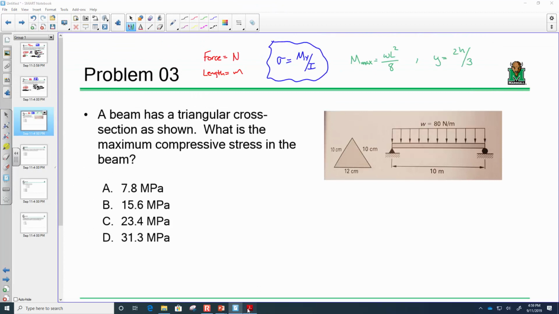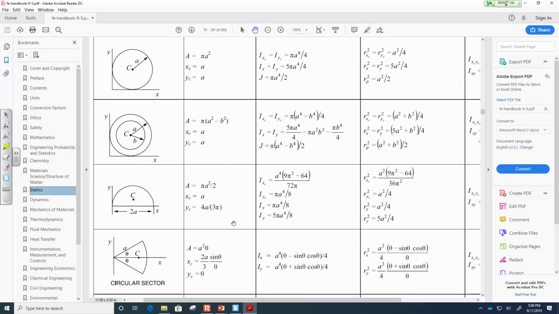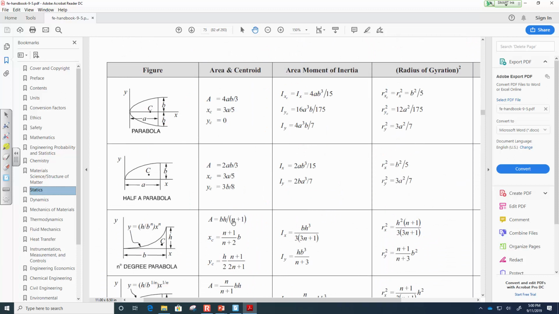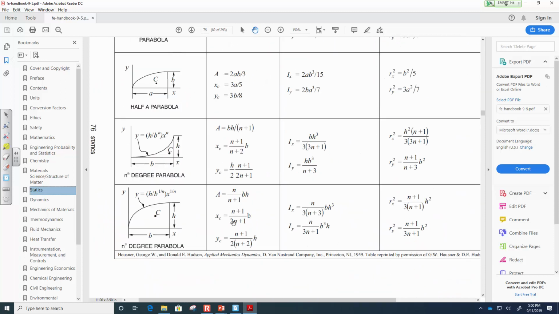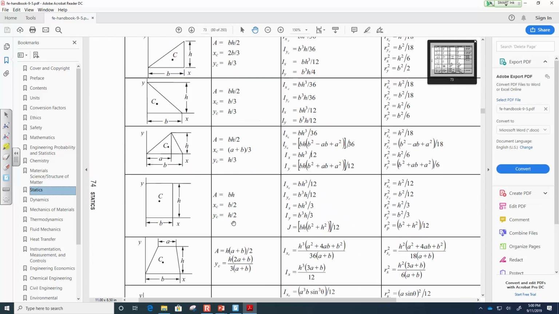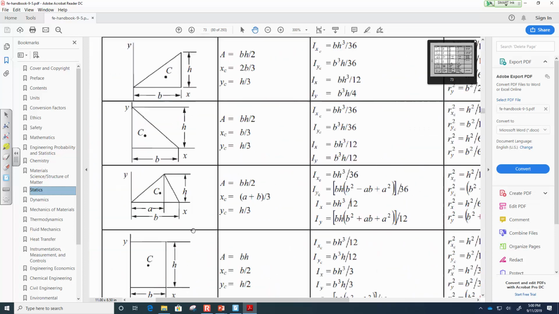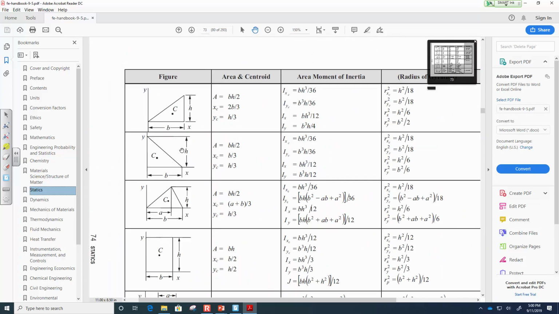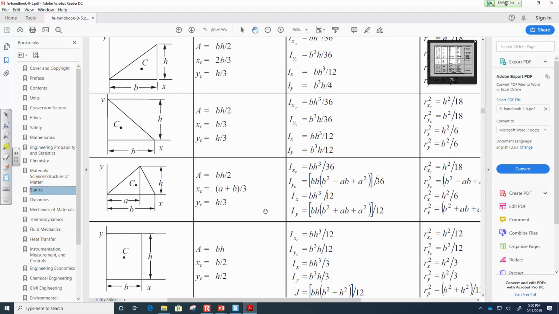We're in the statics section. Circular sectors, parabolas. Maybe I need to go up. Boom. So triangles, what's the moment of inertia? Now remember, when you're looking at mechanical properties for mechanics, you're worried about centroidal properties.